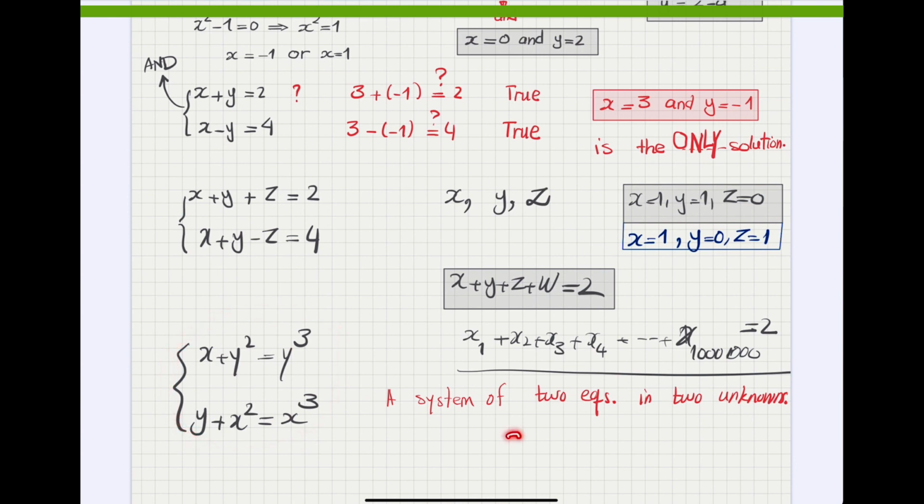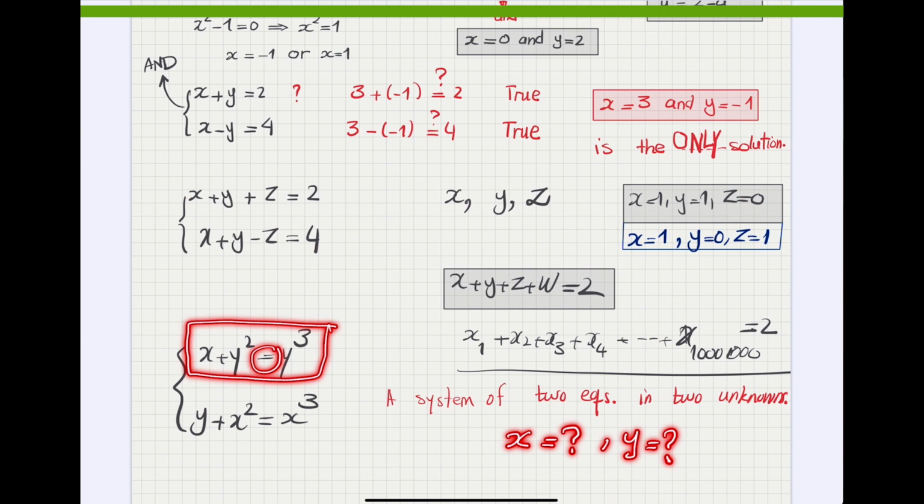It means, can you give me a number for x and a number for y, so that when I put those numbers in the first equation, this equality becomes true, and when I put them in the second equation, this equality also becomes true. Now, is the question clear?